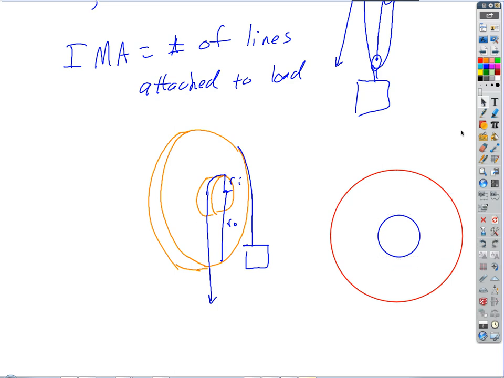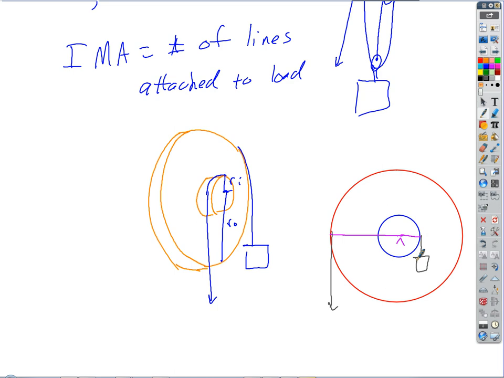Think of it this way. Let's say we've got a lever, and this is the fulcrum on the lever. Here's the line coming off, and we're pulling down on that, and it's going to pick up a load right there.